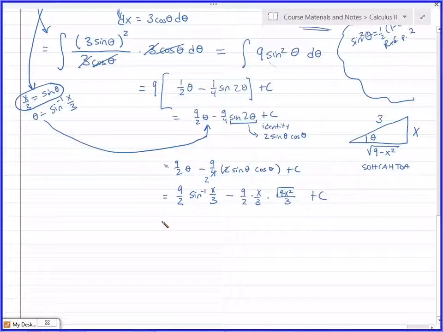And now we just simplify a little bit. This 3 times this 3 is 9, which cancels with this 9 up here. So I have a minus x over 2 square root of 9 minus x squared plus c.